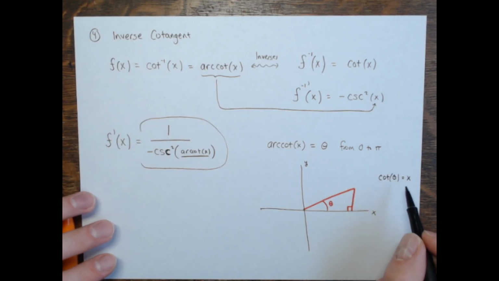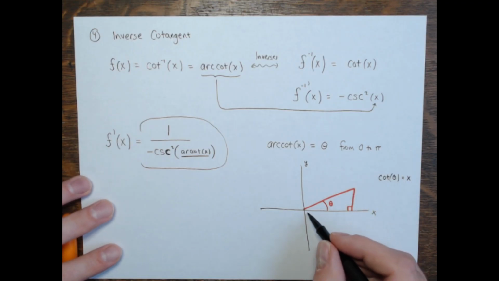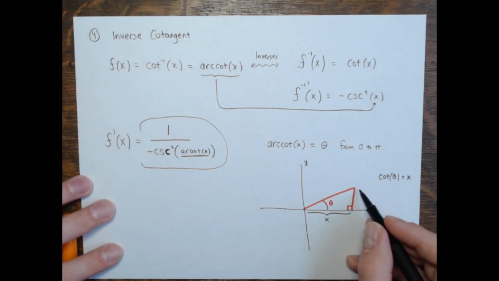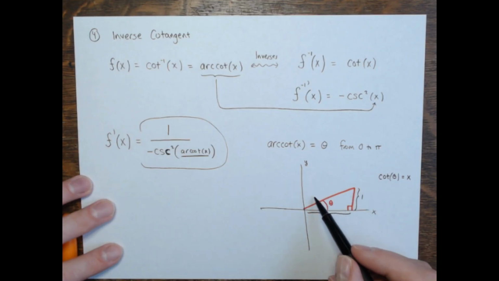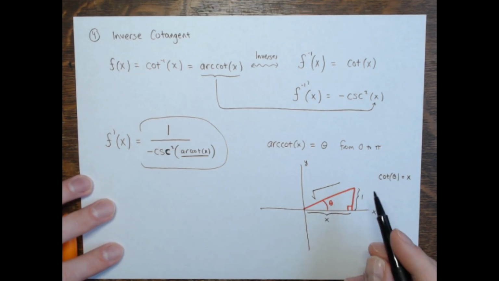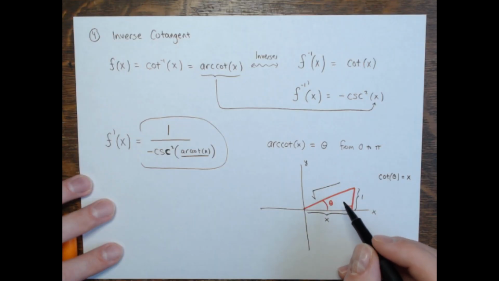Now, cotangent was adjacent over opposite, so the adjacent length is x and the opposite length is 1. The hypotenuse is still positive, as all hypotenuses are positive length in any of these pictures.